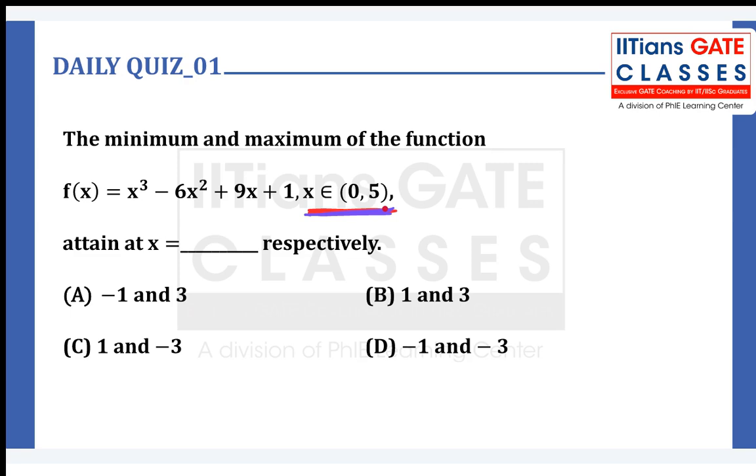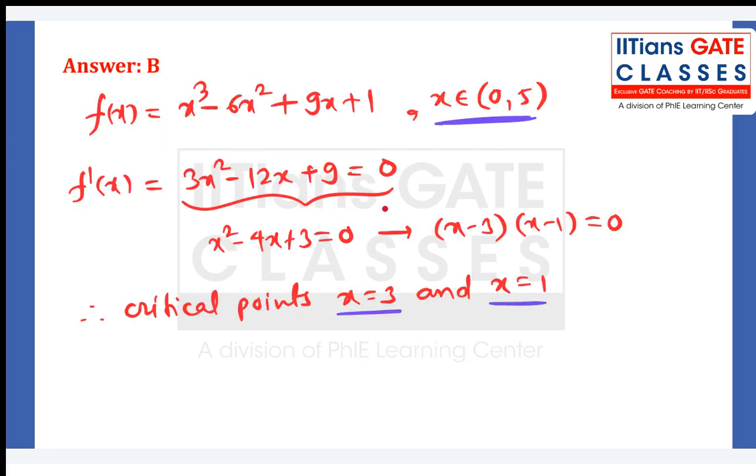Same goes for option C and D. So option B should be the correct answer. Without doing anything, if you are confident enough, you should just tick that. Or if you don't have time towards the end of your exam, you can just tick option B, and that is the correct answer also. But anyway, let's do it conventionally.